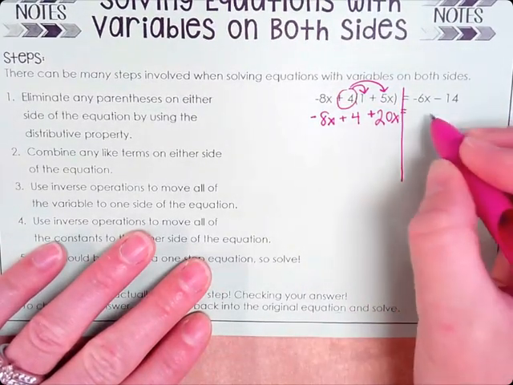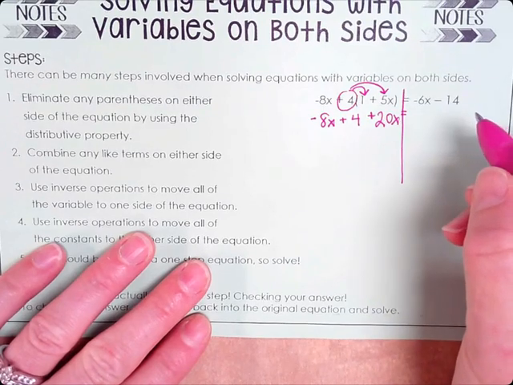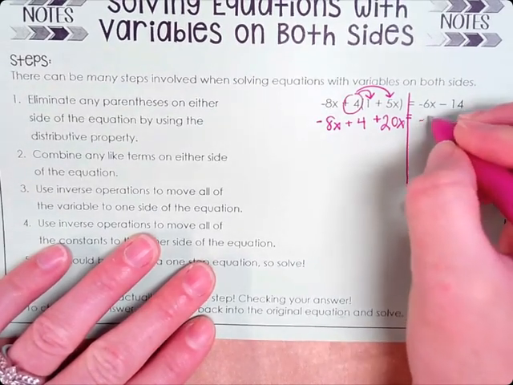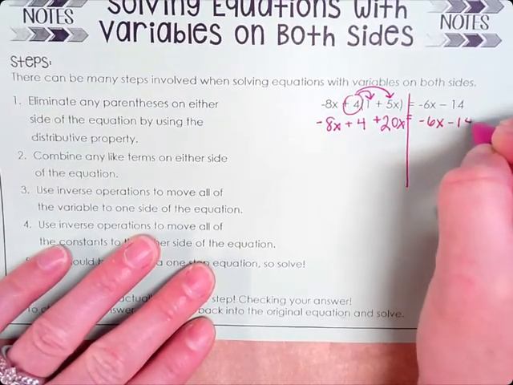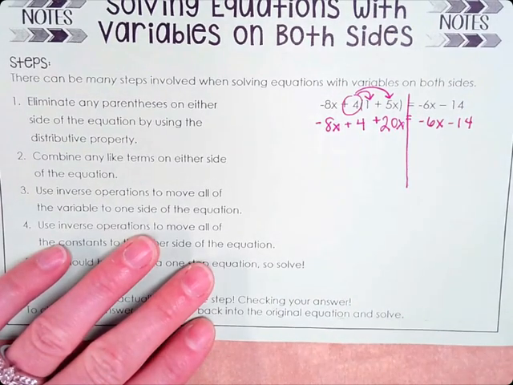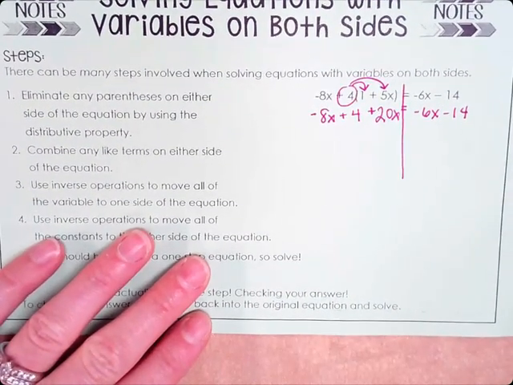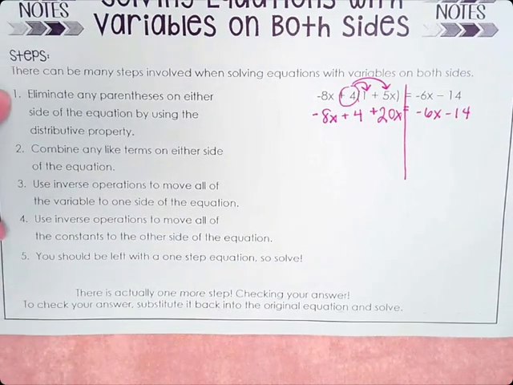The right side, we can't do anything there. There's no parentheses, so we just write it. Negative 6x minus 14. Okay, so we did step 1.